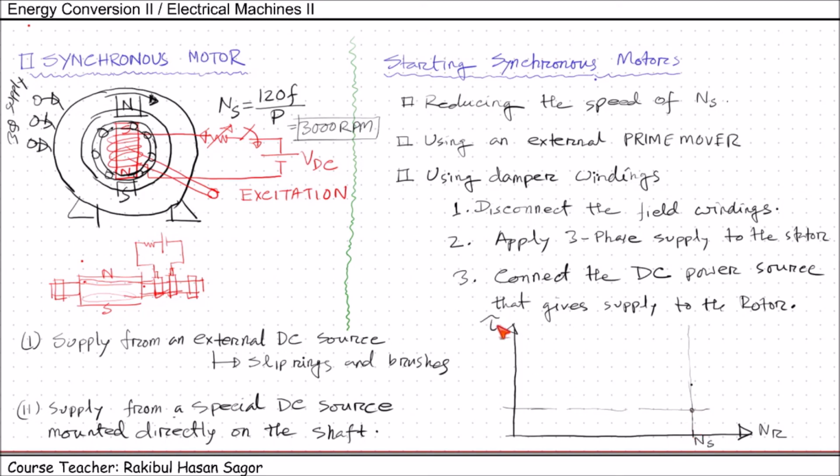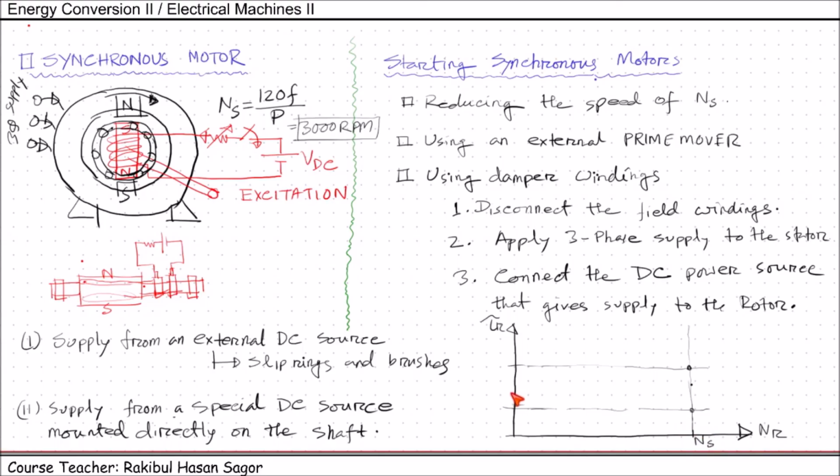This is tau r. If we increase the amount of load, this point will come here, this is the increased amount of load and the operating point will be there, and this will fall on the same vertical line, and the speed will remain the same, and that is synchronous speed.